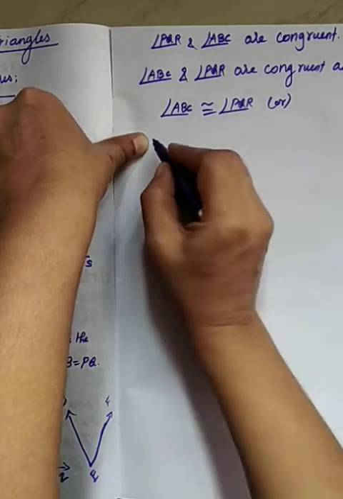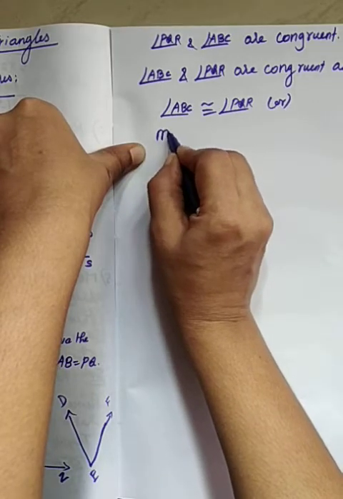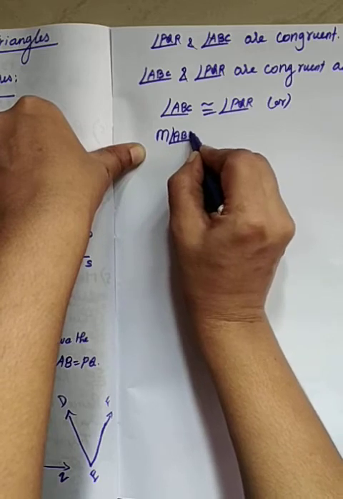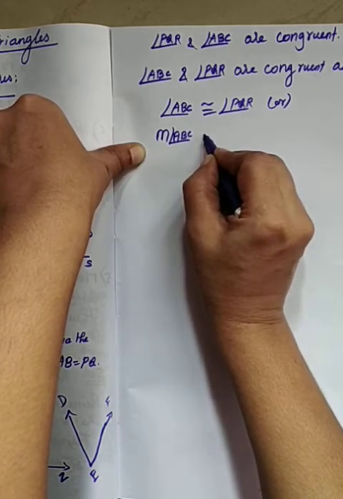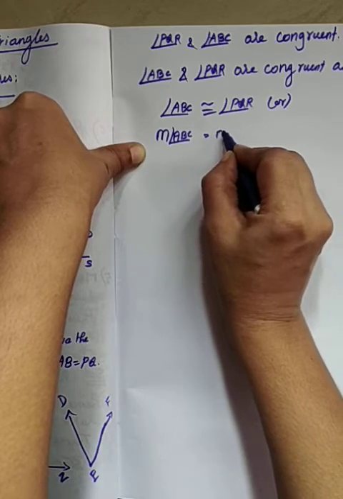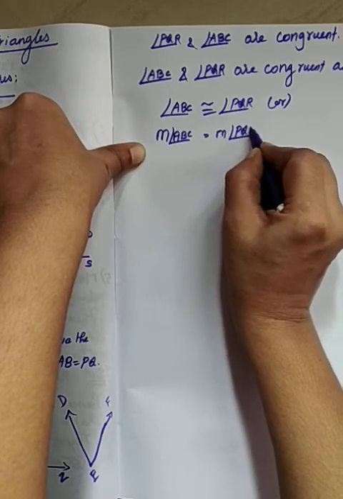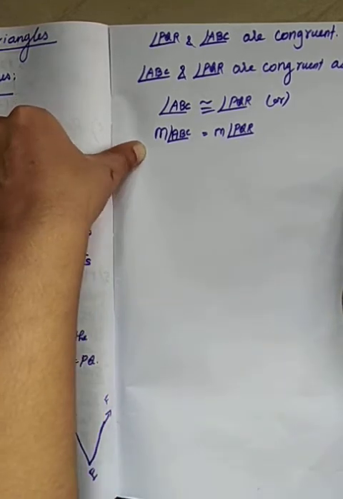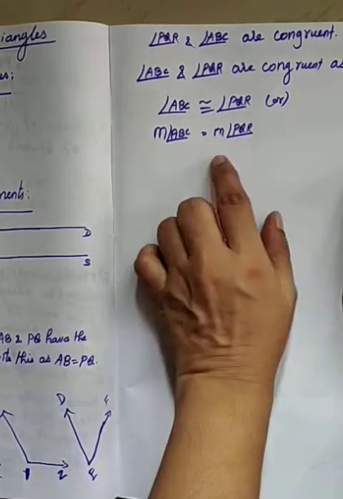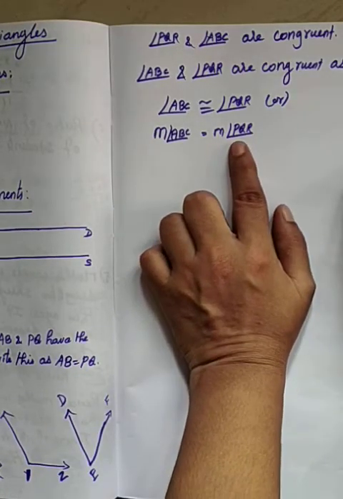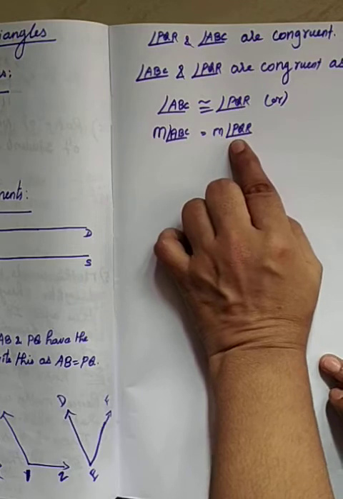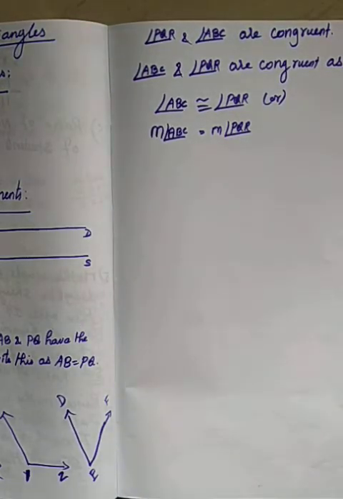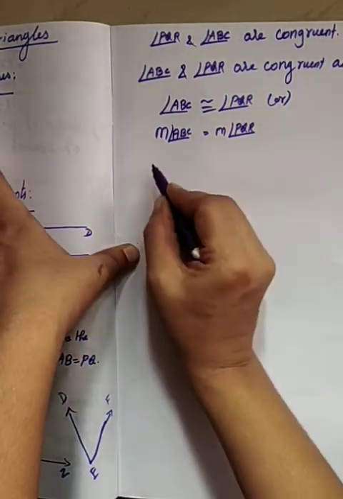Or otherwise you can write that the measurements are equal. So M of angle ABC means measurement of ABC is equal to measurement of PQR, the same measure. So you write M of angle ABC is equal to M of angle PQR. Clear? This can also be written as angle ABC equal to angle PQR.